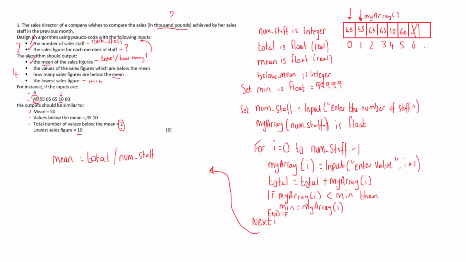The values of the sales staff which are below the mean. Well, now I know the mean, I can basically replicate the same code. I can say for I equals 0 to num staff minus 1. So loop again 5 times.